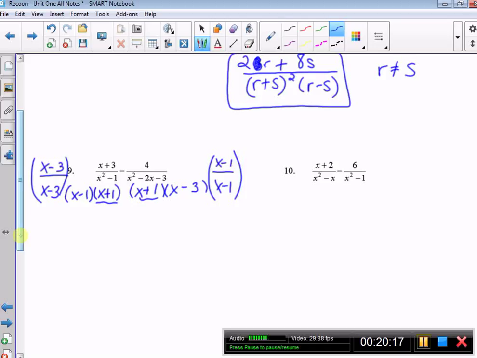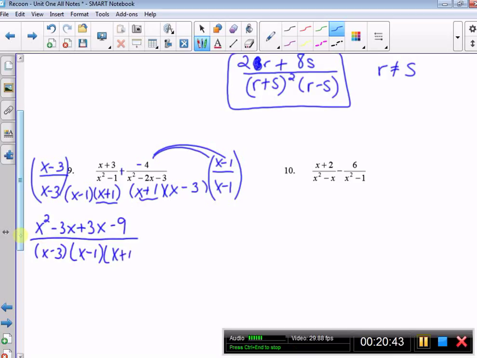Okay, and so now the denominators are identical, and so then we're going to FOIL the numerators, change this to plus negative 4, and distribute. So x squared minus 3x plus 3x, maybe you recognize that as a difference of perfect squares, kind of backwards. And then that's all over x minus 3, x minus 1, x plus 1.